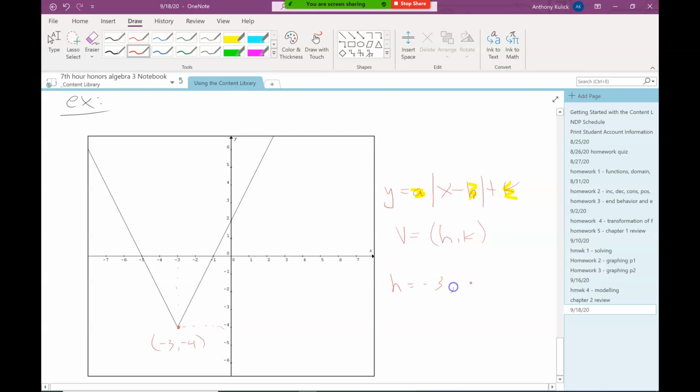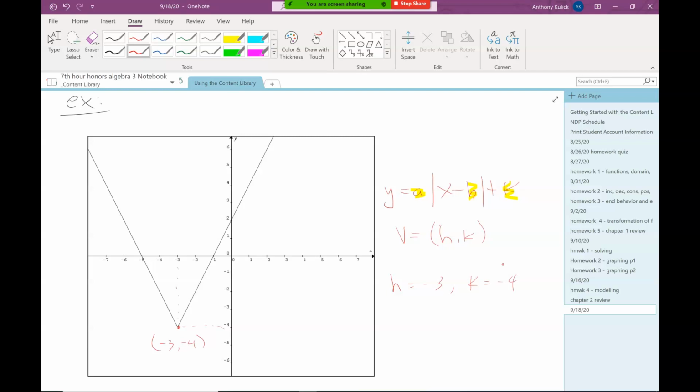So I know the h is -3 and the k is -4, because the vertex always has coordinate h comma k. So I can always do that. The h and k are easy to get. Everybody's good there.